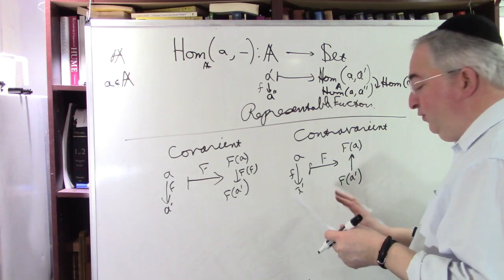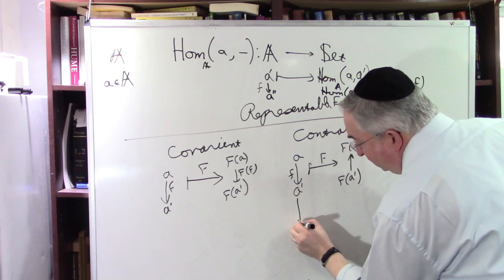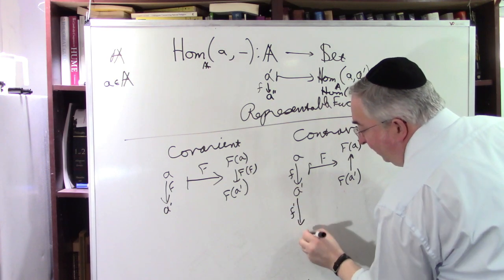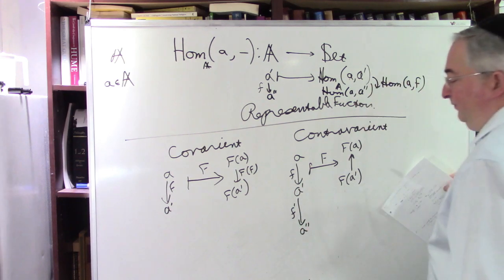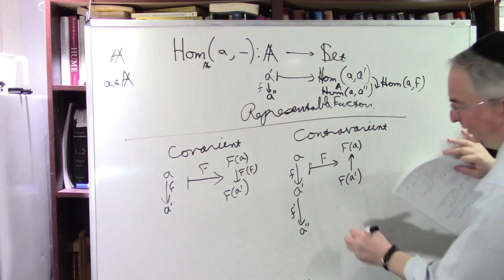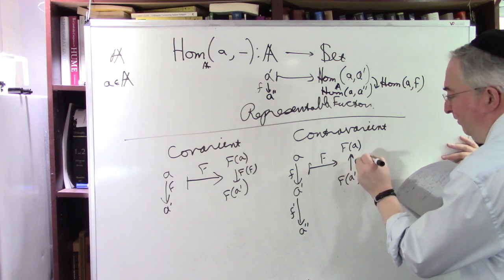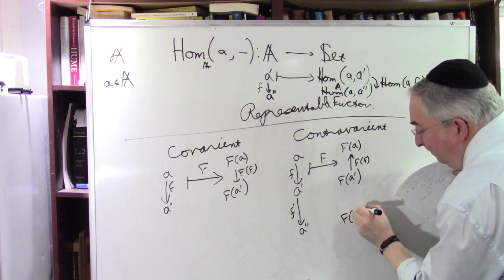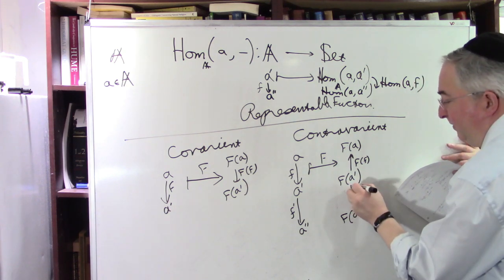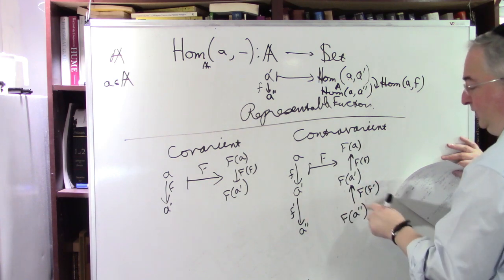Okay, but before I give you an example, let's just finish off what I'm talking about. If you have another map, F prime, which goes from A prime to A double prime, okay, guess what's going to happen? You ready? So I'm going to call this F of little f. And this is going to go to F of A double prime. Okay, and this map is going to go here. We're going to call this F of F prime. That's this.